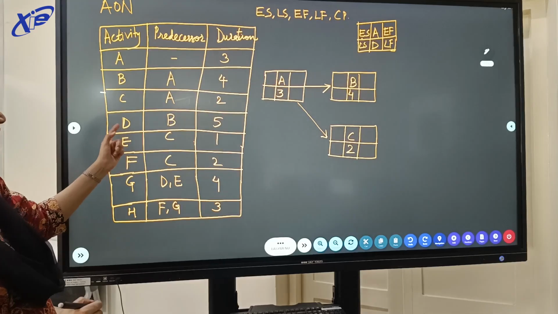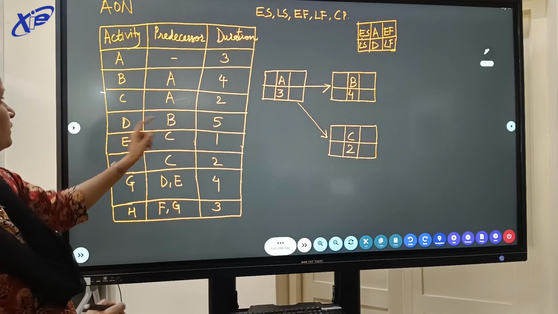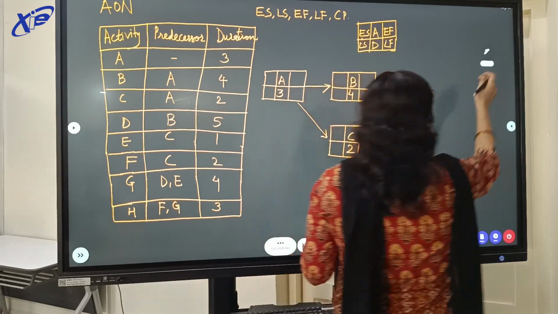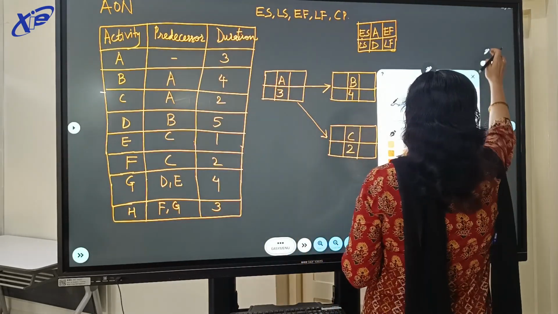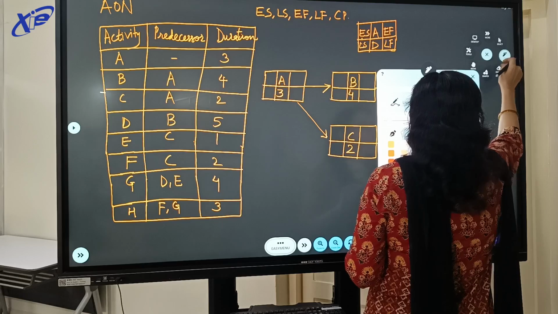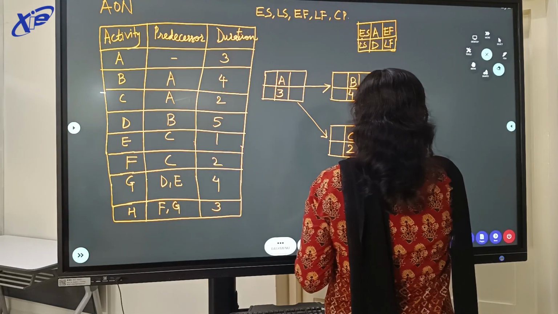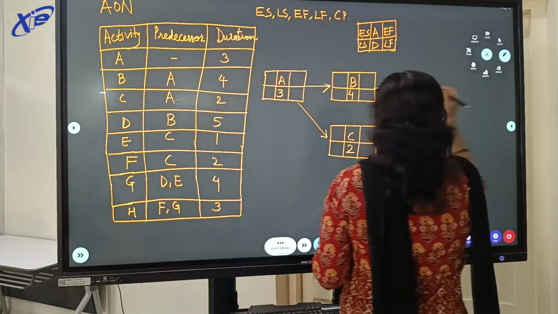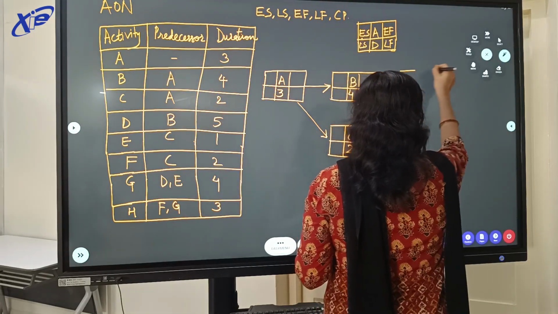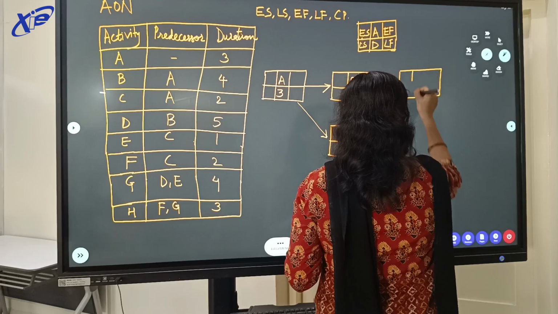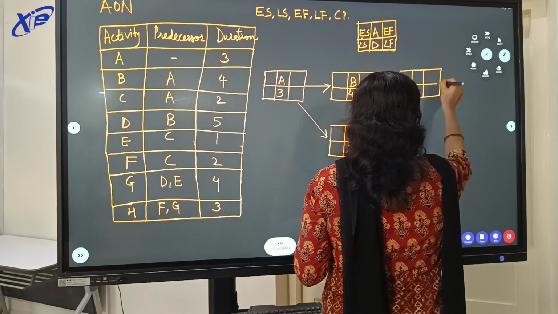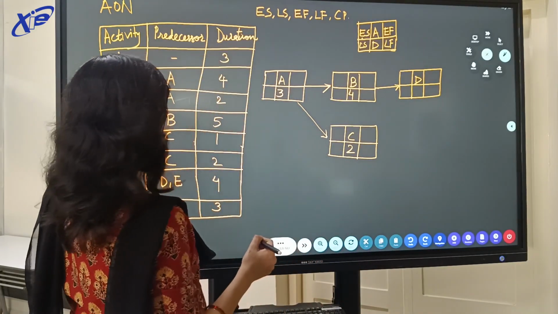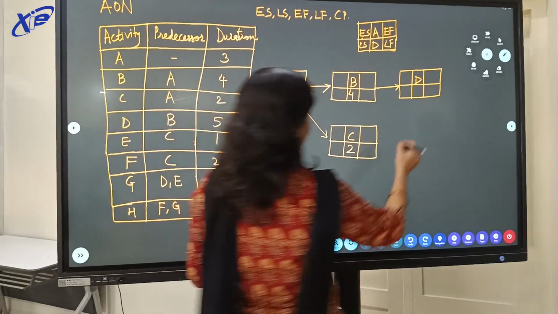Then we draw activity D where B has been completed, with a duration of 5.